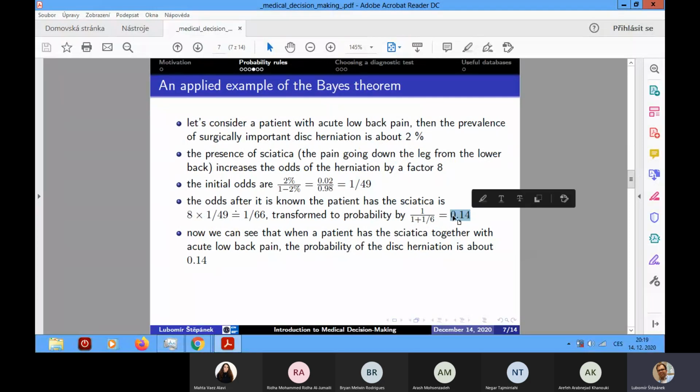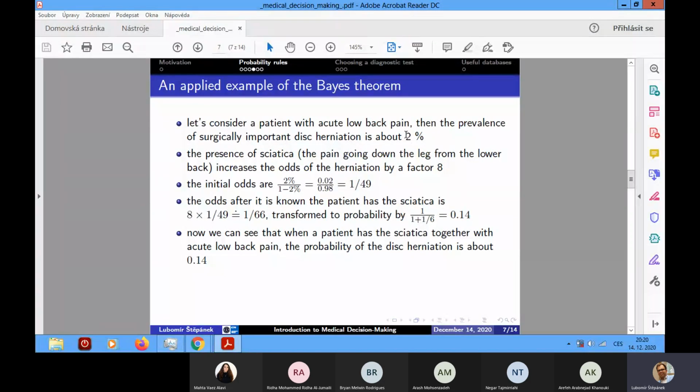It's 0.14. So at the very beginning, we knew that the general prevalence of surgical disc herniation was about 2%, but now, by taking into account the fact that the patient also got the sciatica kind of pain, we calculated that the probability of an important or surgically relevant disc herniation is about 0.14.